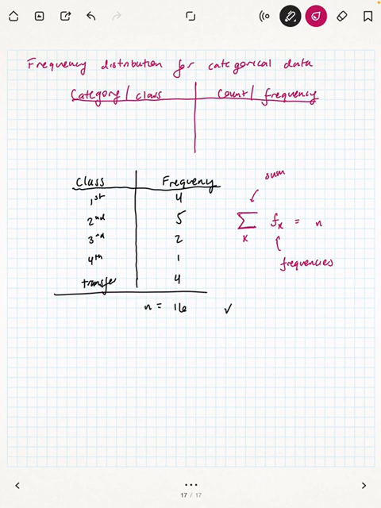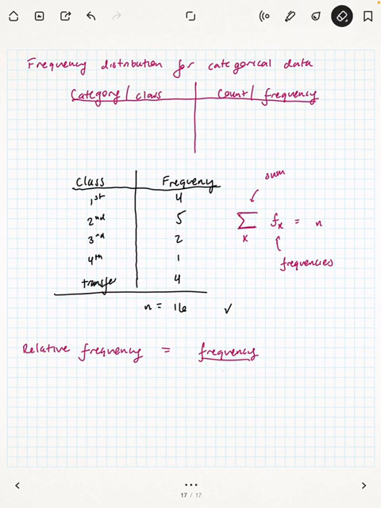We might use something called relative frequency. And what that is, we take each frequency as a proportion or a ratio out of the total sample size.